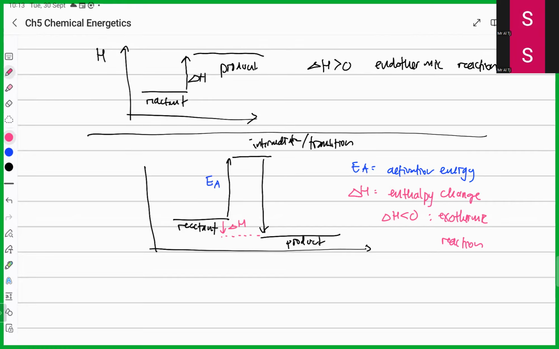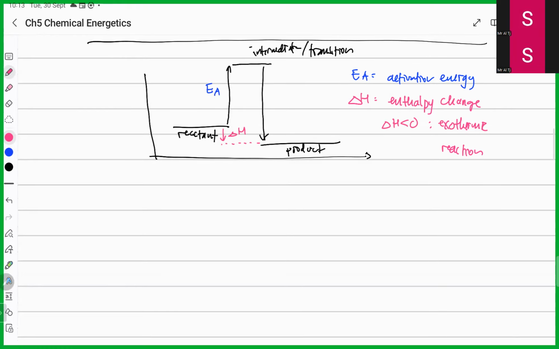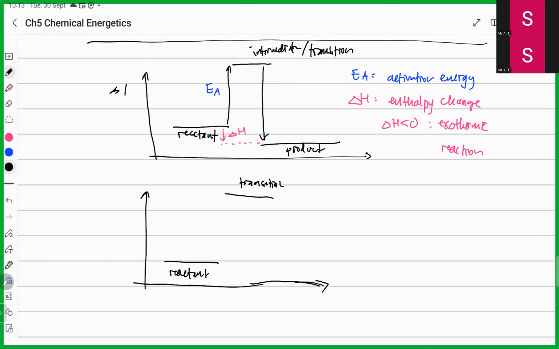For endothermic reactions, it will be similar in that after the reactant, we're going to have the transition or intermediate. And don't forget to name the axes.